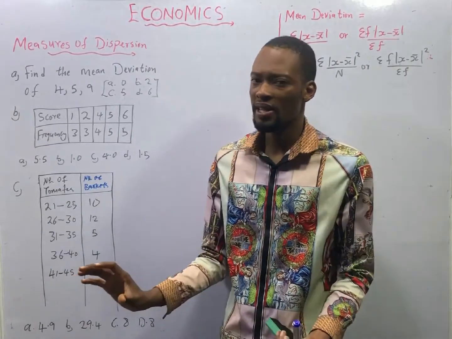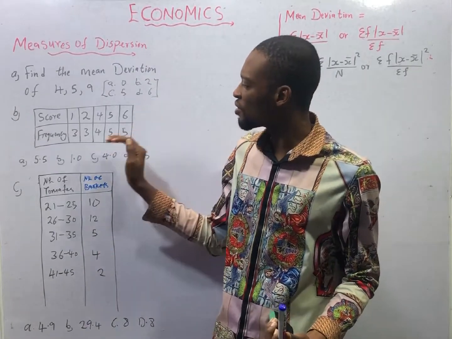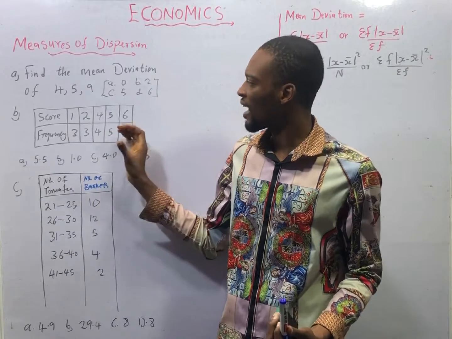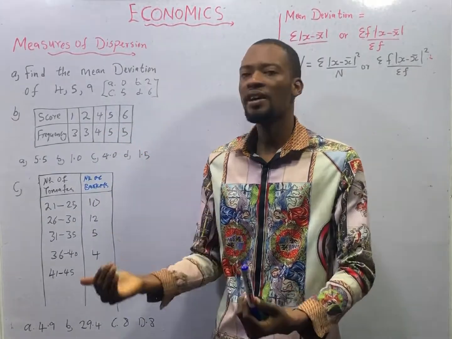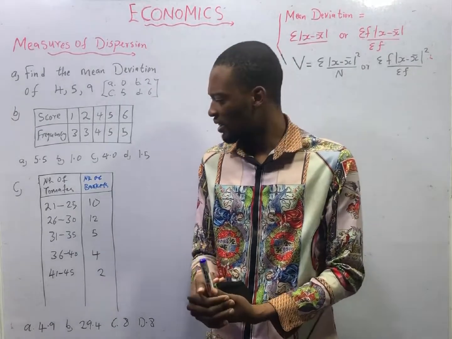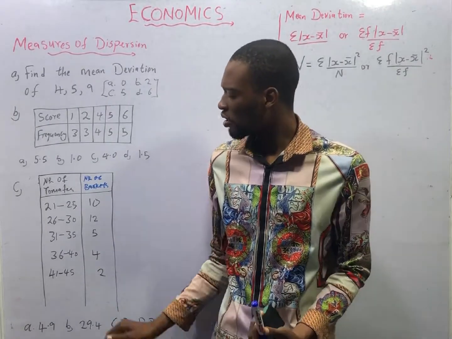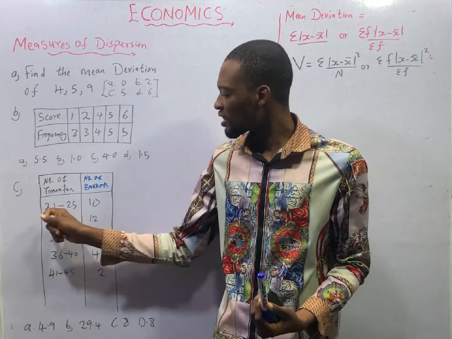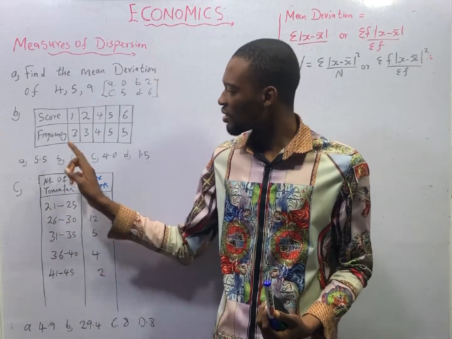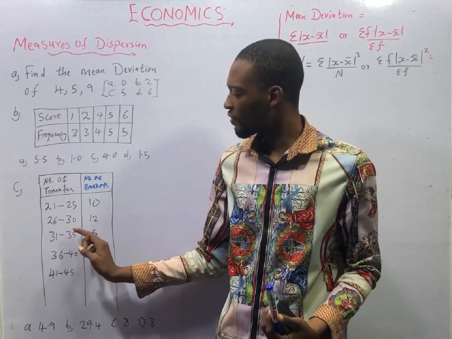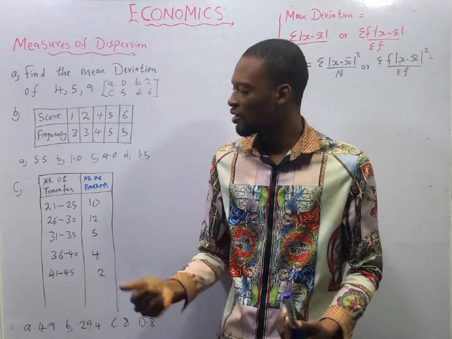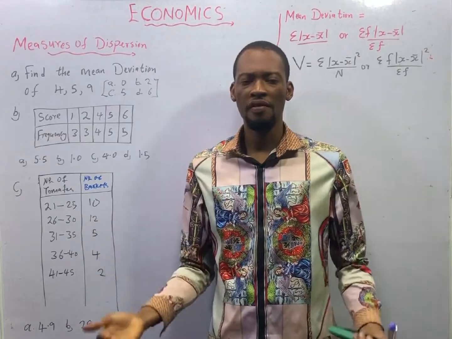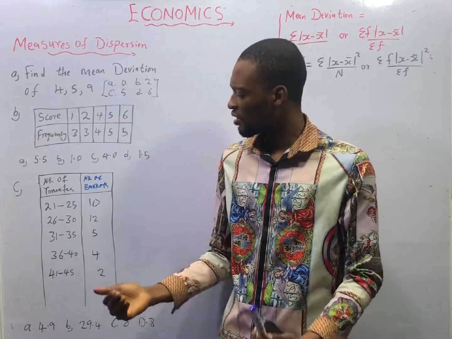You will be given numbers or values in frequency distribution or table like this and asked to look for the mean deviation, the variance, or the standard deviation. Or you'll be given a table with intervals like this, not a single value but interval and frequency, and asked to look for the mean deviation, the variance, or the standard deviation.